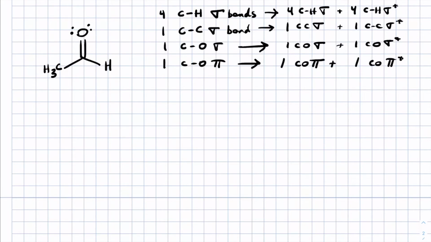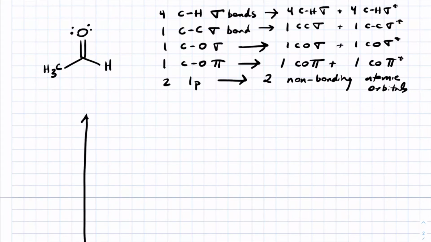And then lastly, I've got lone pair electrons on the oxygen. So I have 2 lone pairs. That means I've got 2 non-bonding atomic orbitals that I need to account for. Okay. With that list in mind, we can now come up with an energy diagram.